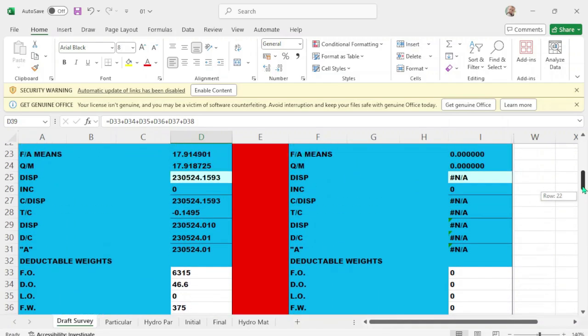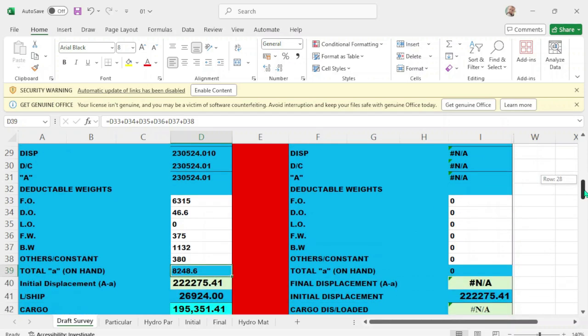See, you apply the trim correction, then you minus your trim correction, then your displacement, apply your density correction, then this will be your true displacement, which is 23524.01, which is this one.